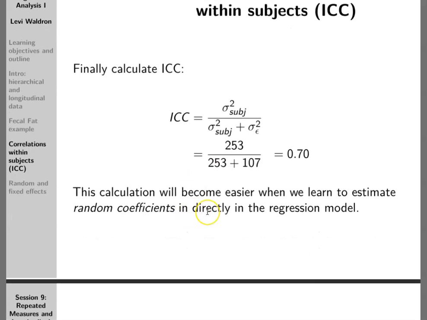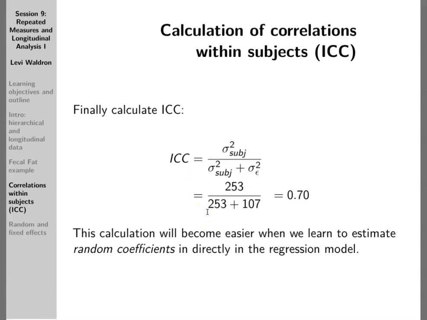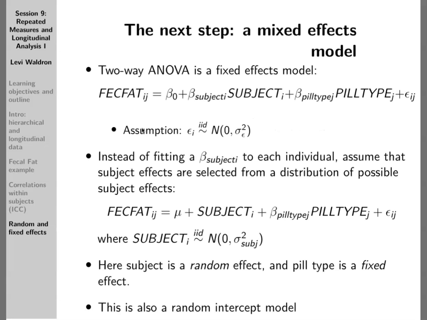So I keep promising this calculation will become easier when you learn to estimate random coefficients directly in the regression model. But before we do that, I want to introduce the concepts of random and fixed effects to you. The two-way ANOVA that we fit today is what we call a fixed effects model. It looks something like this.